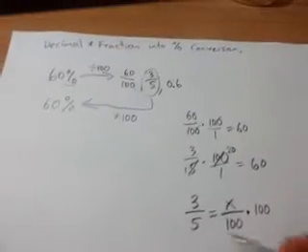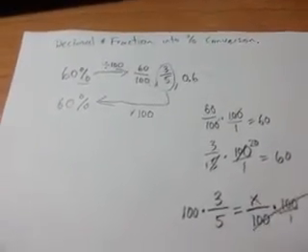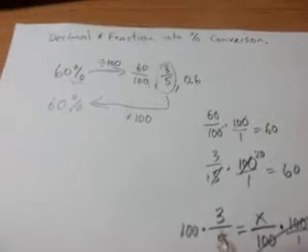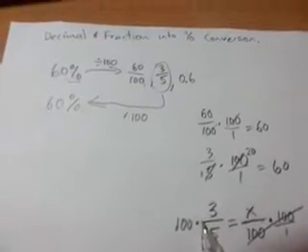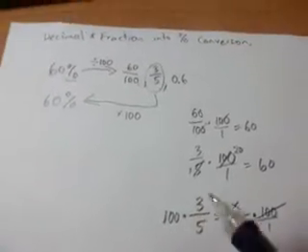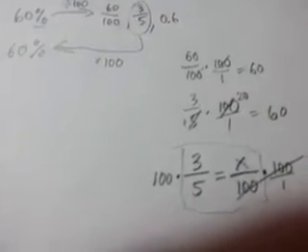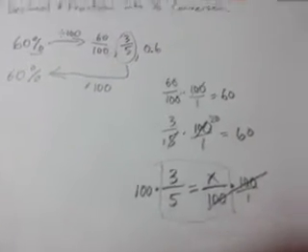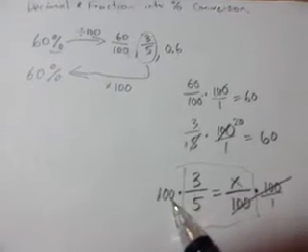If I do it on one side, I have to do it on the other side. And so the hundreds cancel. And oh, what do you know? What did we do to that fraction we started with? We multiplied by 100. So even when we did the part over whole equals x over 100, that's essentially what we're doing. We're just multiplying whatever fraction we have by 100.